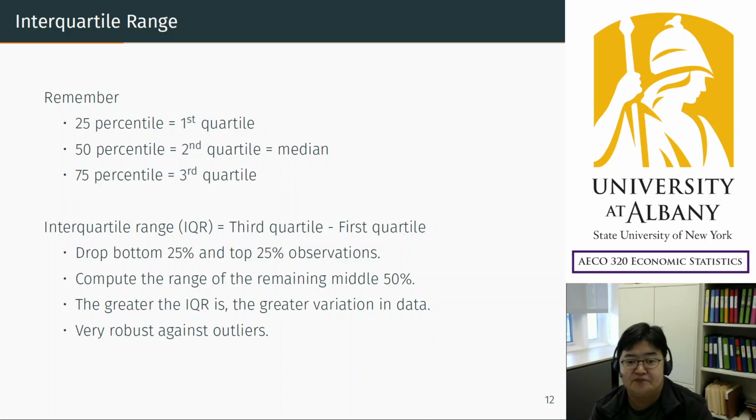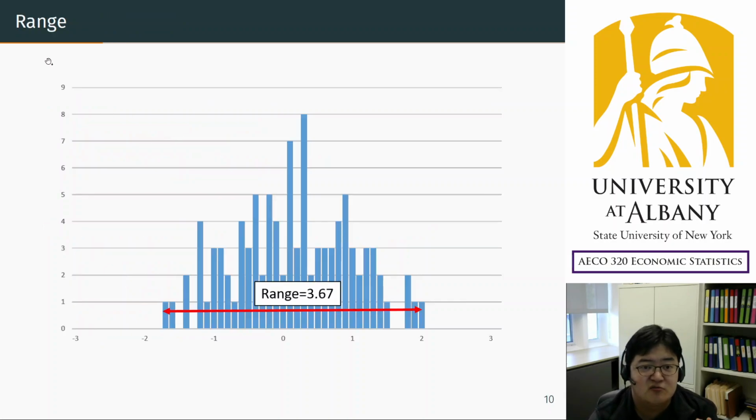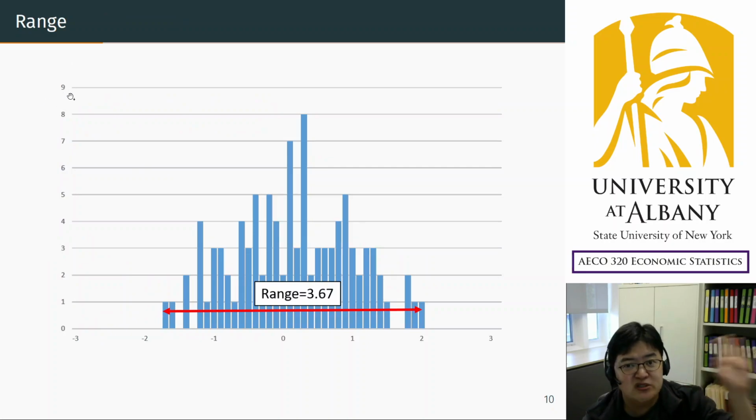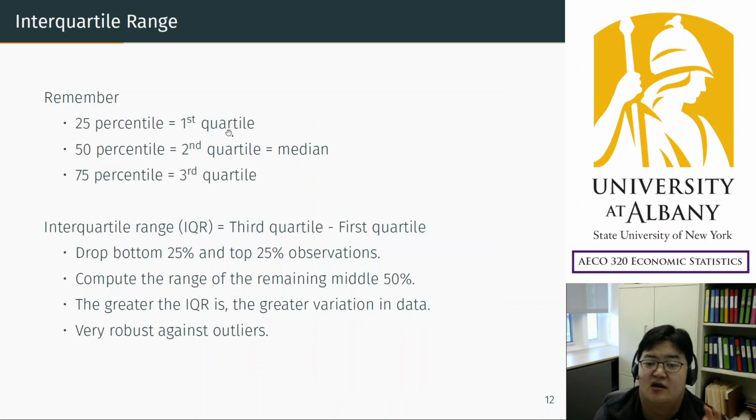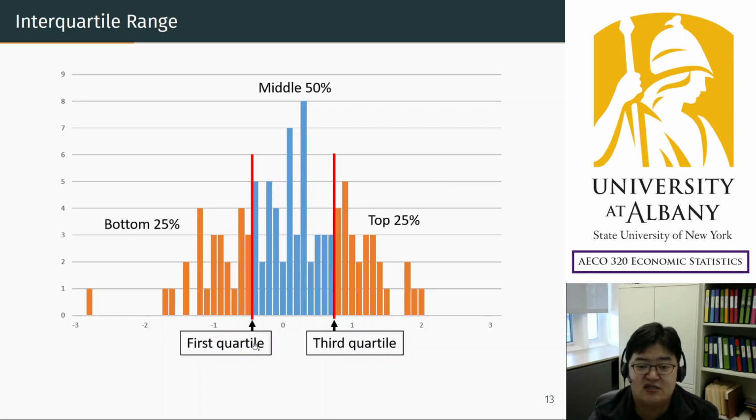Similarly, the interquartile range is pretty robust against outliers, so it will be a good measure of variability in case you have outliers. Of course, the range is not. The range is most sensitive, but the interquartile range is pretty stable, similar to the median.